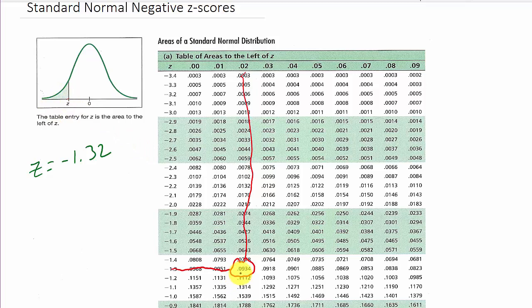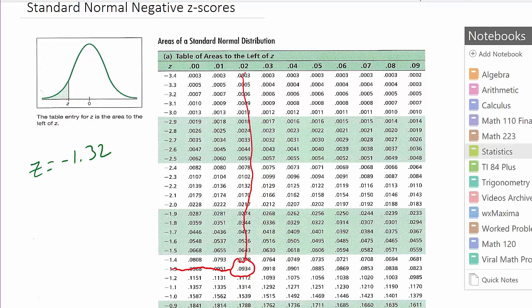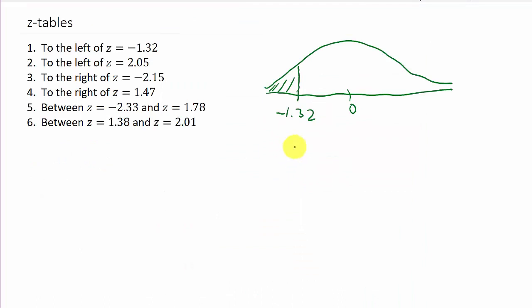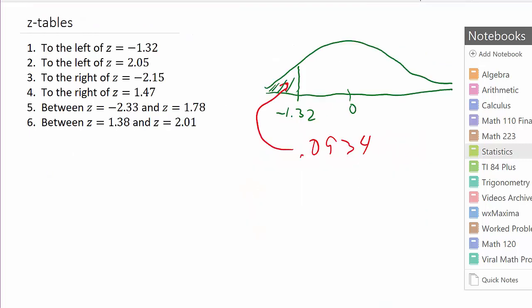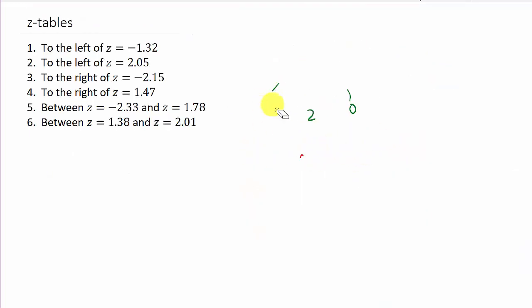It would be 0.0934. That's this area right here. Let me make sure that was right. Yeah, 0.0934.